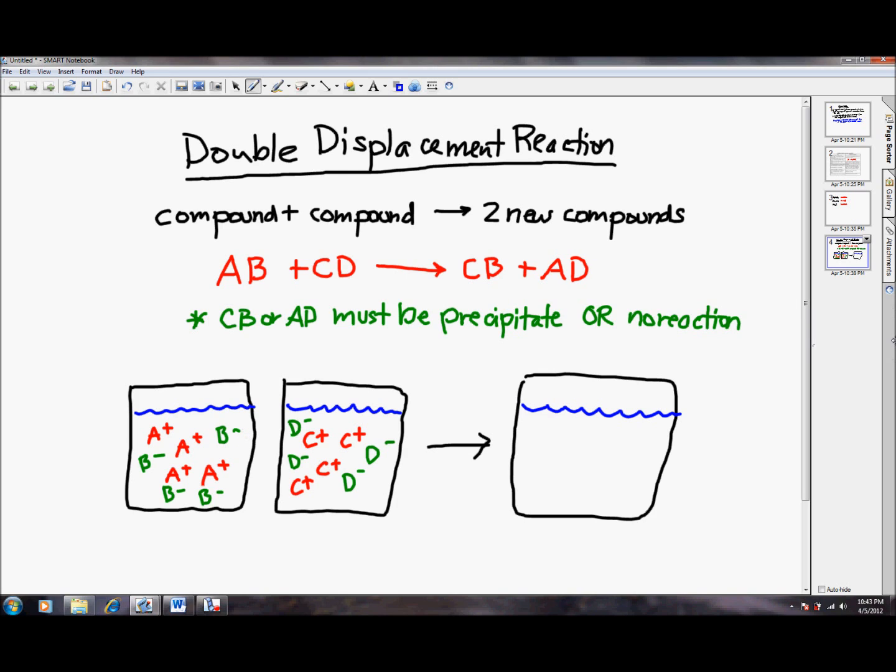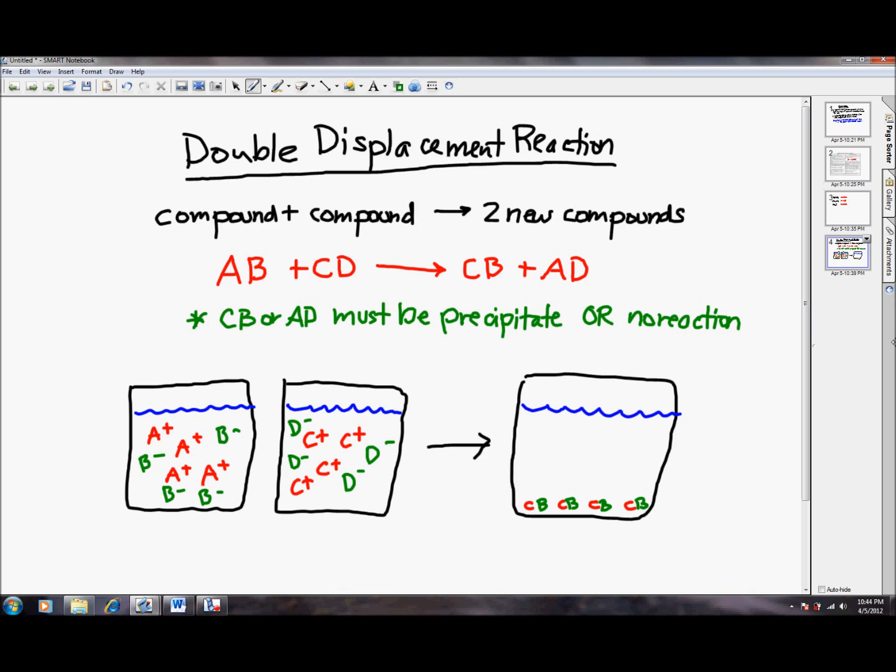So that means that what I'm going to get is a precipitate. They're going to stick together and they're going to stay together and they're going to create a solid. They don't dissolve in water, so they stay in their solid form. So that means that they're going to sit on the bottom of the beaker.